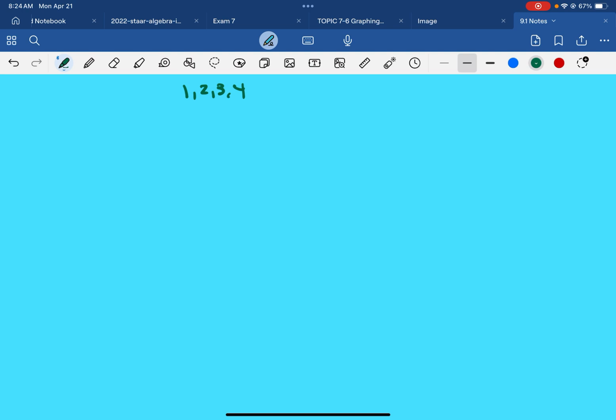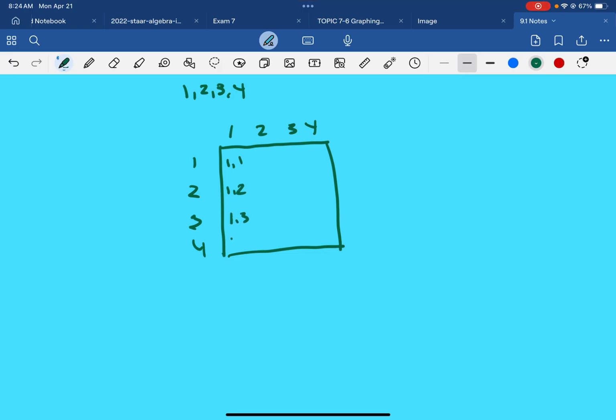If we're rolling it twice, I'll show you how to organize this. So 1, 2, 3, 4 on one die, 1, 2, 3, 4 on another. So we could have 1,1; 1,2; 1,3; 1,4; 2,1; 2,2; 2,3; 2,4.